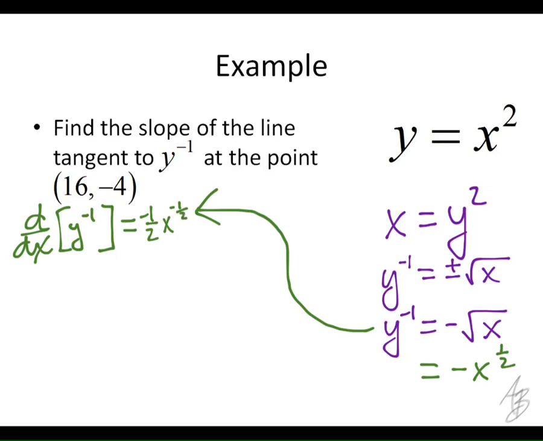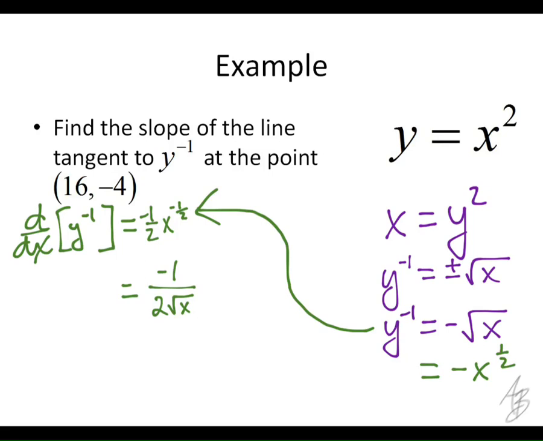Let's switch it back to radical form now. And what would we get then? Negative 1 over 2, I would say square root though, because radical could be any root. Okay. So we get negative 1 over 2 square root of x.